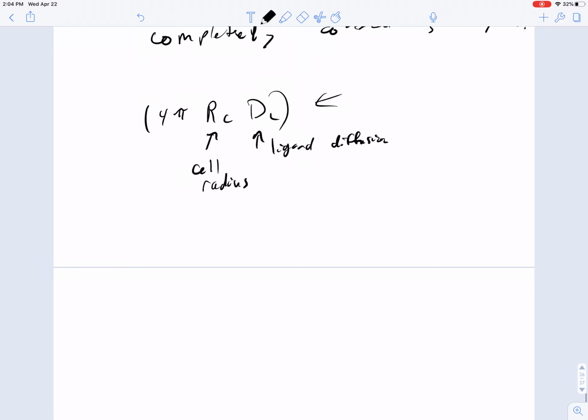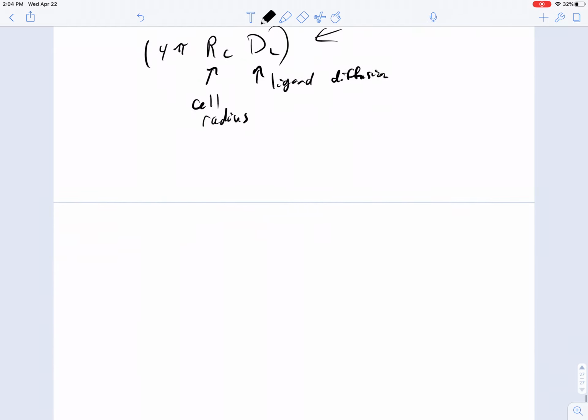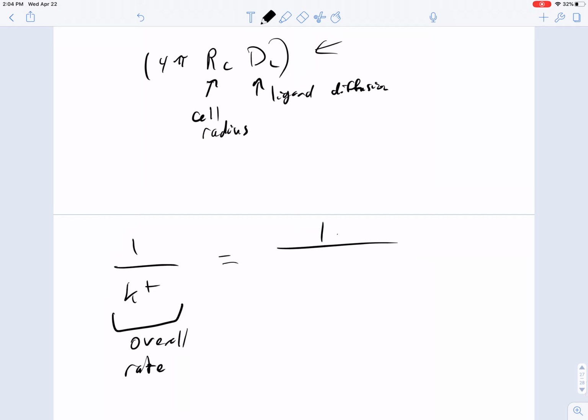Now, if we look at the overall rate, 1 over k plus, we calculated the upper limit rate, but here we have an overall rate. And the way we look at this would be as a series of rates, like resistances. As you have resistors in series, this is a similar type of thing. We have 4 pi D_L R_C. This is the diffusion portion of that overall rate.